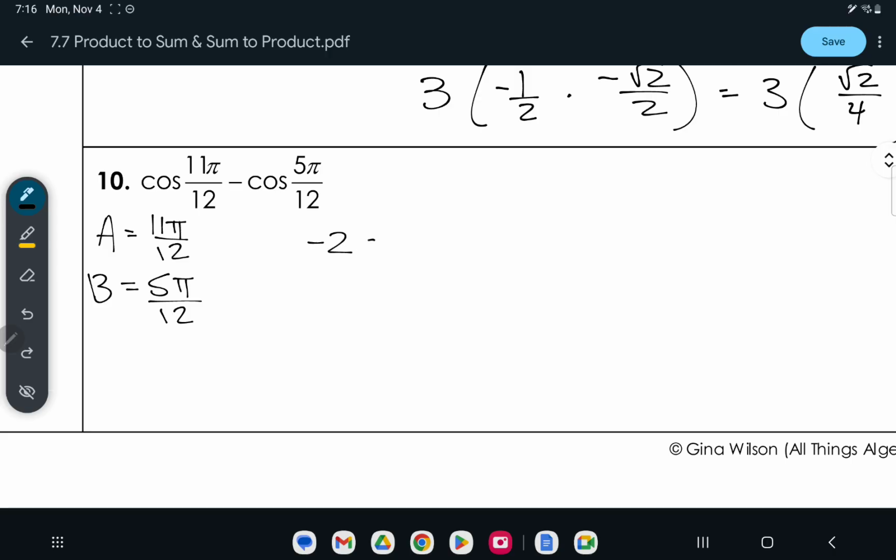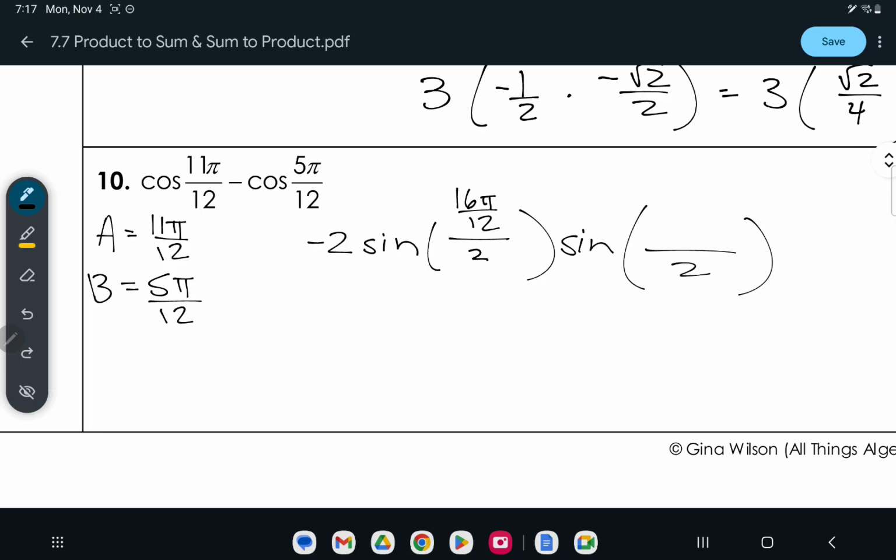So -2 sine of (A plus B) over 2, so 11 plus 5 is 16 pi over 12 divided by 2, times sine of (A minus B) over 2, so 11 minus 5 would be 6 pi over 12 over 2.